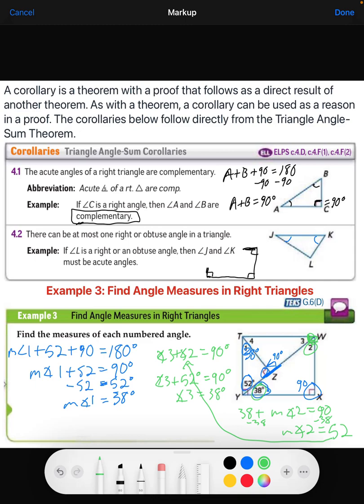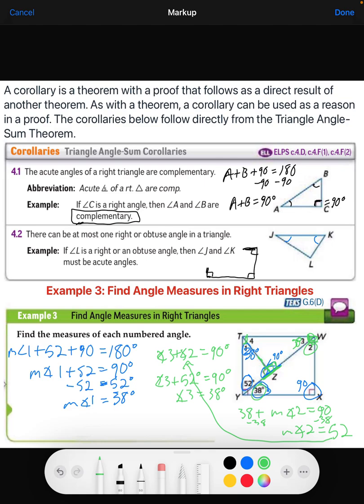So we can see that this is a right angle, but it doesn't tell us it's a right angle. So let's go ahead and use the angles we know now. We know angle 3 is 38. We know this is a right angle, it's 90 degrees, and we found that out by saying this line is perpendicular to this line, so both sides are going to equal 90 degrees.